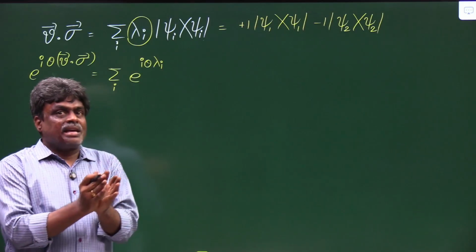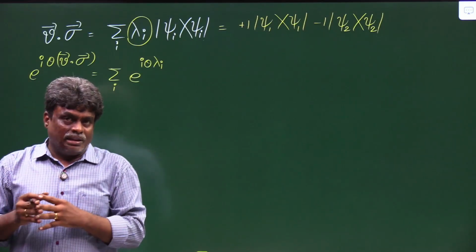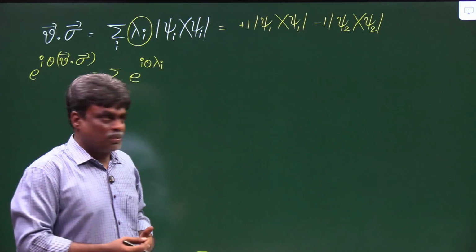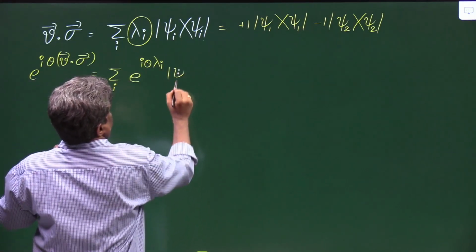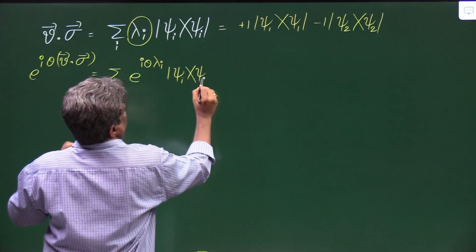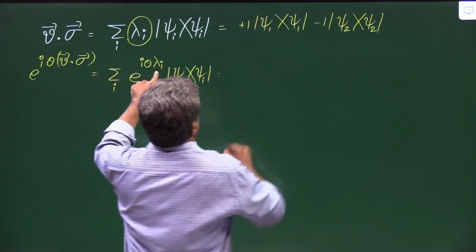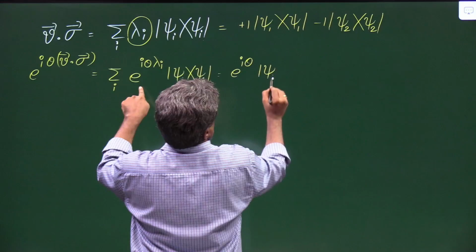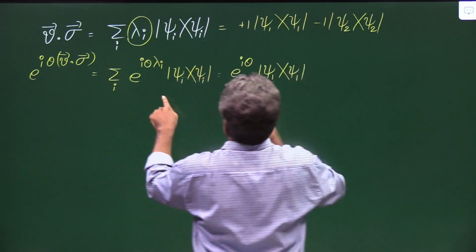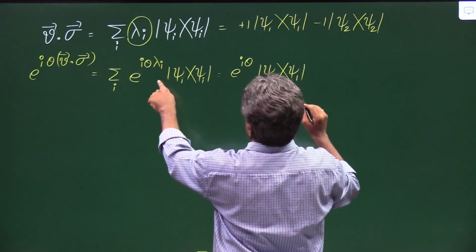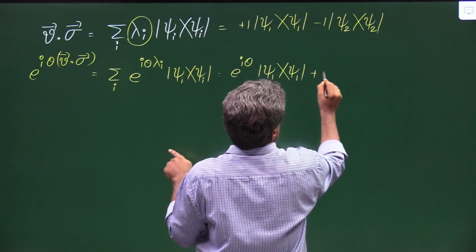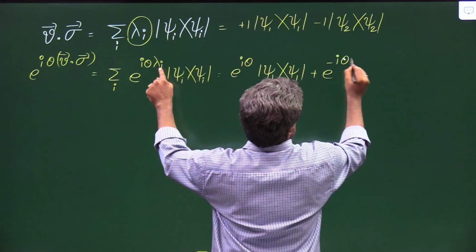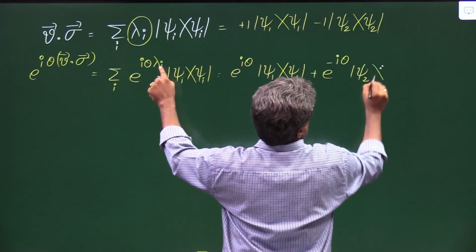So if A has eigenvalues lambda 1, lambda 2, lambda 3, then e raised to A has eigenvalues e raised to lambda 1, e raised to lambda 2, e raised to lambda 3, and so on. The same technique, with psi i, psi i. We know lambda 1 is plus 1, so this is e raised to iota theta, psi 1, psi 1. And the next lambda is minus 1. Don't write the minus here, be careful, lambda is here, not here. So e raised to minus iota theta, psi 2, psi 2.